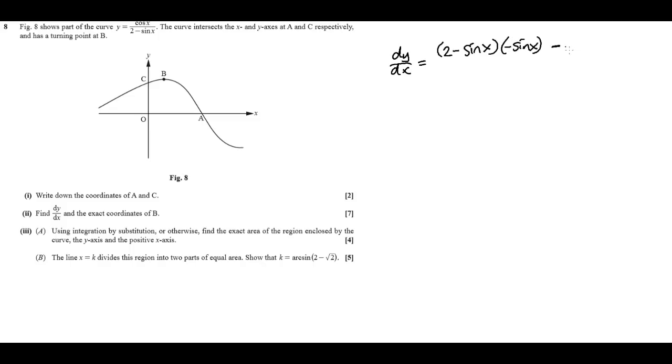Take away u d phi, and that would give me minus cosine, all divided by phi squared.